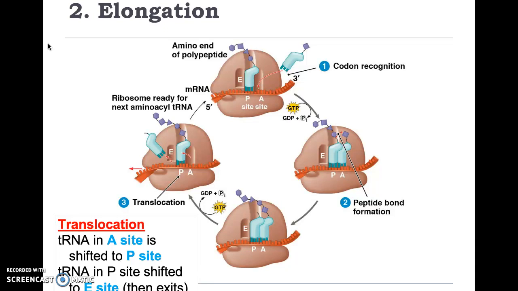If you look at the ribosome where it says number 3, translocation, the tRNA molecule that's in the E site is exiting. Again, it has already given its amino acid to the chain. The ribosome has shifted towards the right, or towards the 3' end of the mRNA. The polypeptide is building. And again, this is occurring at a pretty fast pace, building this protein.